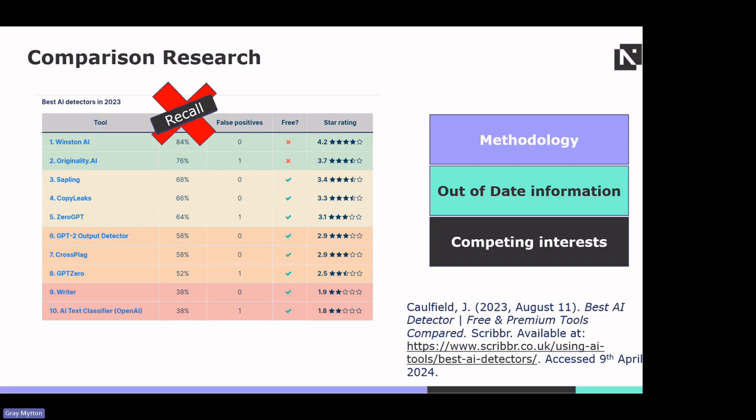However, it's not recall. It's actually a score that this researcher, Mr. or Mrs. Caulfield, I don't know which, has gone in and given these different tools. And the way they scored it is that if the tool gave them a correct percentage of AI written text within the piece of text that they knew what the answer was, if the tool gave them that to within, I think it was plus or minus 10%, a relatively narrow range, they gave that a score of 1.